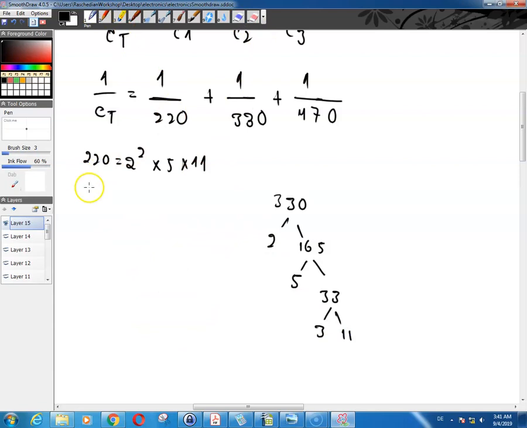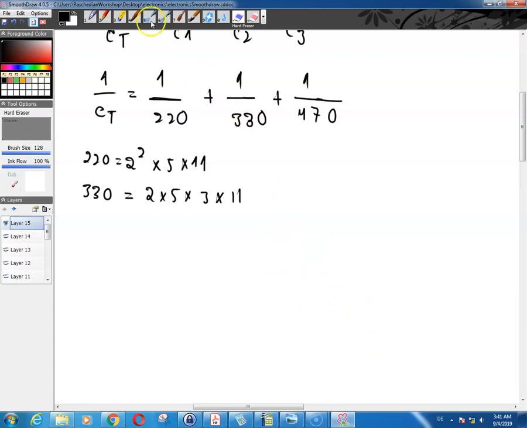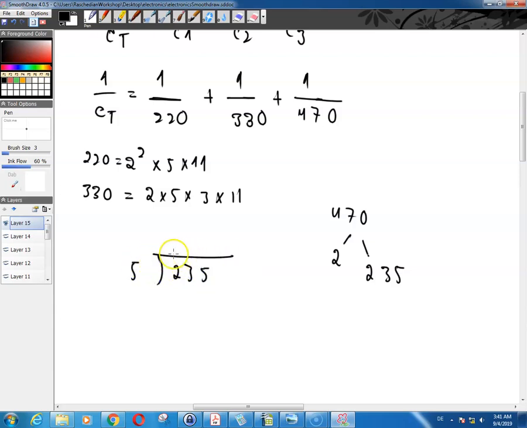So that means that 330 is equal to 2 times 3 times 5 times 11. 470 is the same thing as 2 times 235. 235 is divisible by 5, since 7 times 5 is equal to 35.